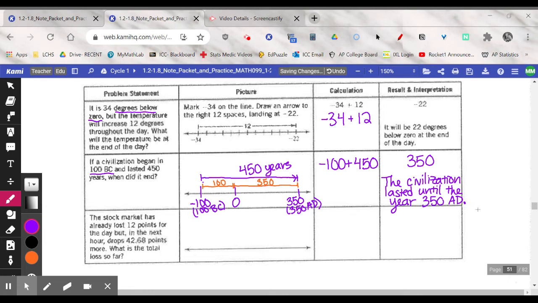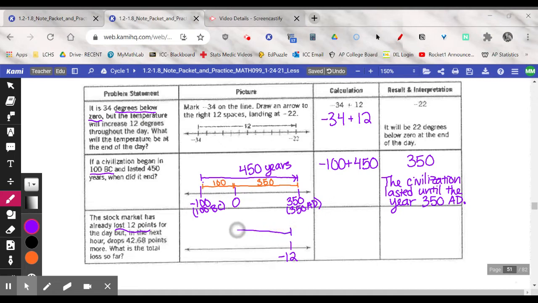And the last one says the stock market has already lost 12 points for the day, but in the next hour drops 42.68 points more. What is the total loss for the day? Well, this is our first one where we see a number dropping or decreasing. So I'm going to start a little bit over here to give myself some room. When it says it's already lost 12 points, that would be represented by a negative 12.